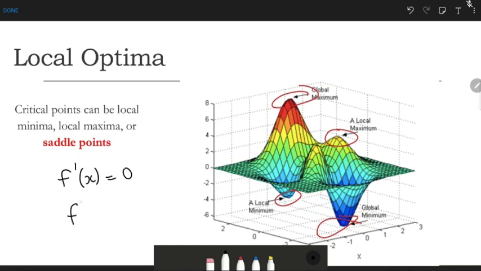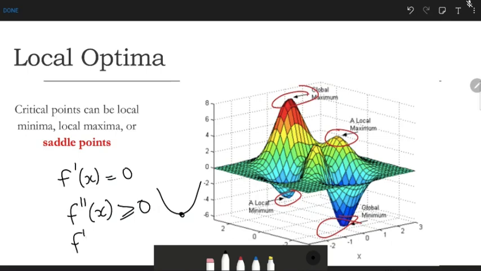And then we check if the double derivative is greater than 0 or not. If this is true, it means it is minima. Why does greater than or equal to 0 give minima? Because this means it is convex, and convex will give me minima. That is the reason.